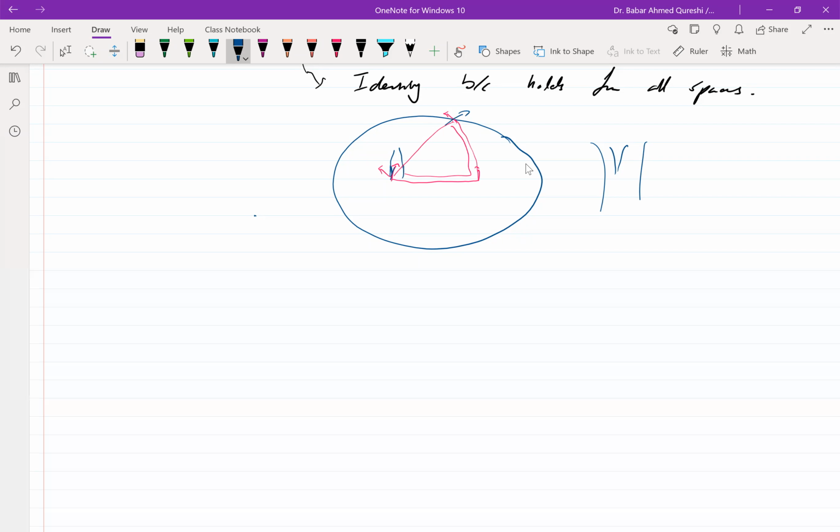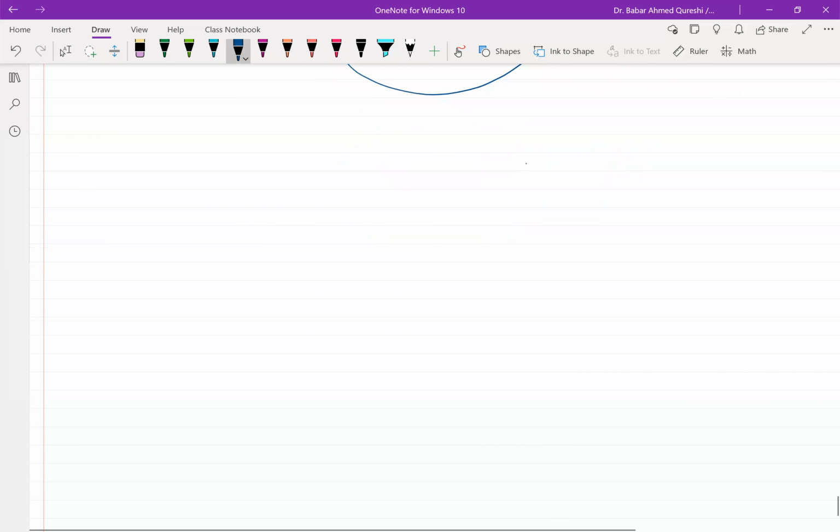But how does it capture the curvature? That's encoded in how these vectors are transported around. I'm going to do one such calculation, probably two. But before we do those calculations, we need a little bit of mathematical machinery. I suppose many of you probably know it, but let me just go through it.